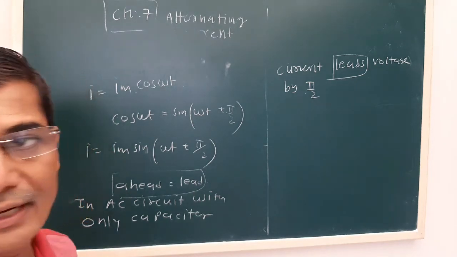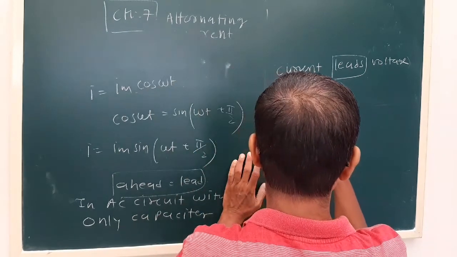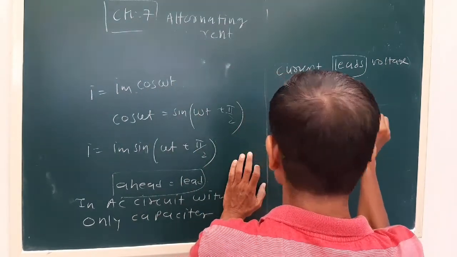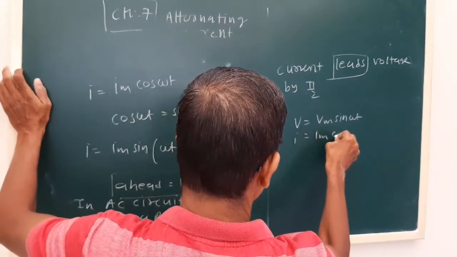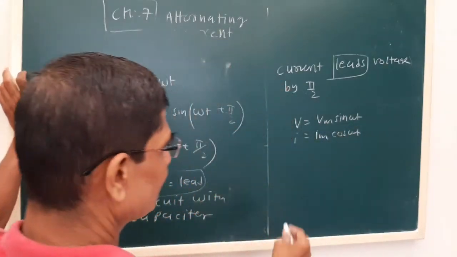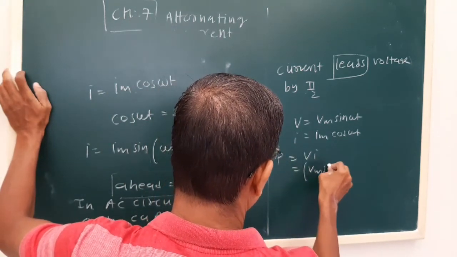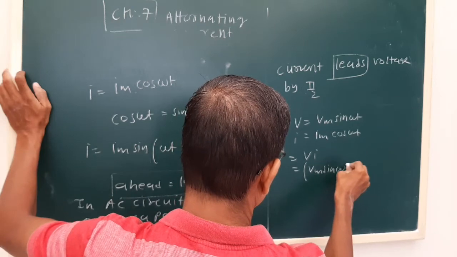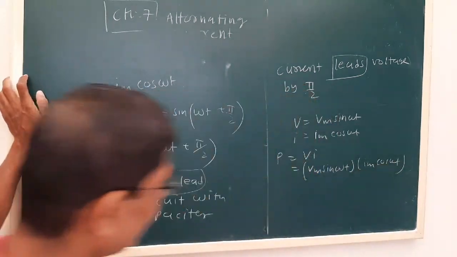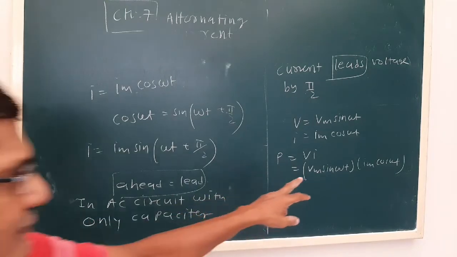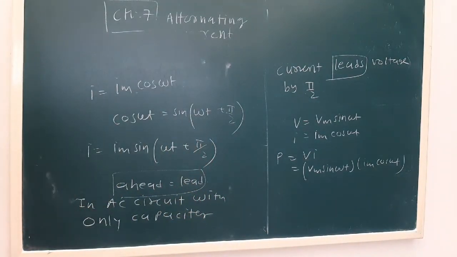See, next we have to derive the equation for power. Now see here, V is equal to Vm sin omega t is the voltage supply, and our equation is I is equal to Im cos omega t. See, the power is VI, that is Vm sin omega t into Im cos omega t.